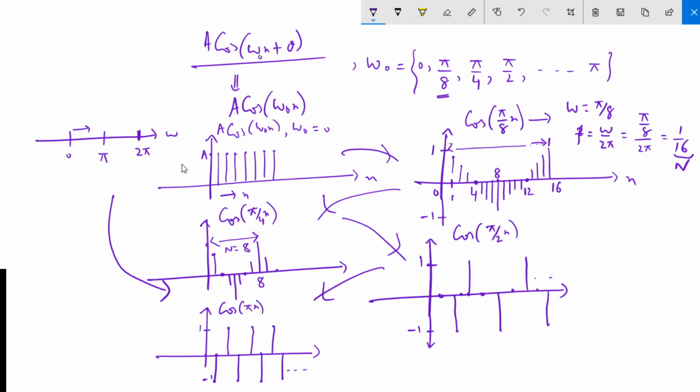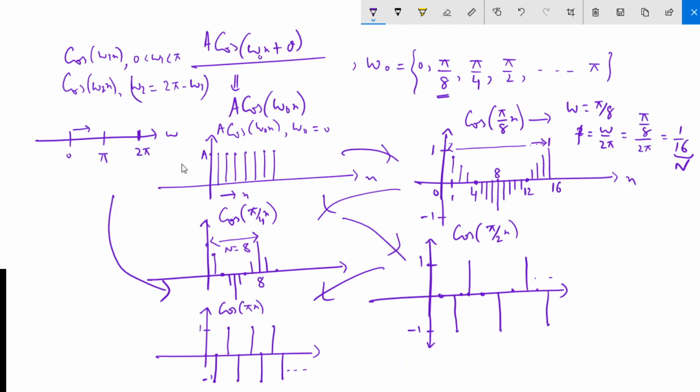Okay, it means if you take one signal cos omega 1 n, where omega 1 is between 0 to pi, and you take another signal cos omega 2 n, where omega 2 is nothing but 2 pi minus omega 1.